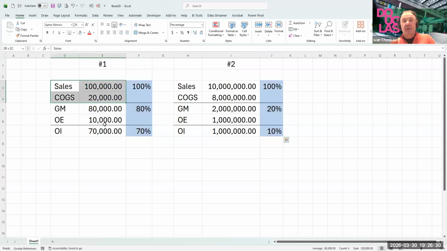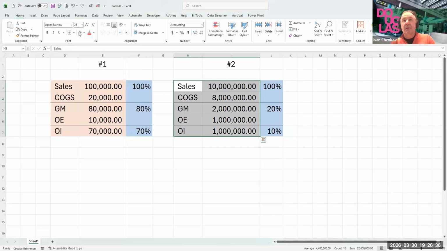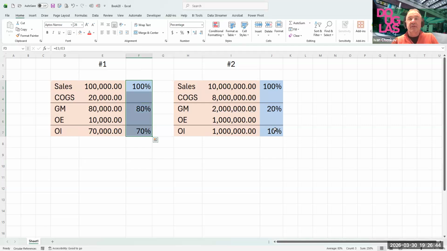If I only stay with the dollar amount, I cannot compare them. They're different realities. But if I convert these numbers to percentages, now I can decide in which company to invest, which company not to invest. This conversion from the numbers to the percentage is called common size financial statement analysis.